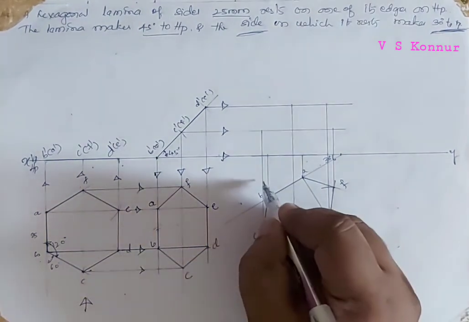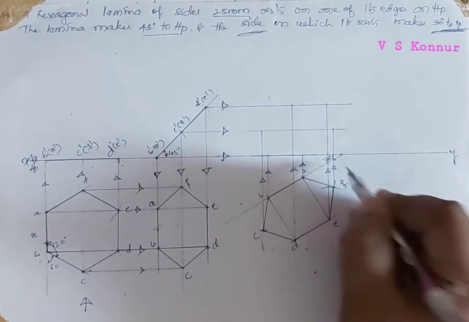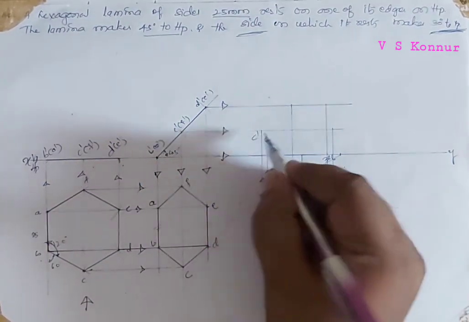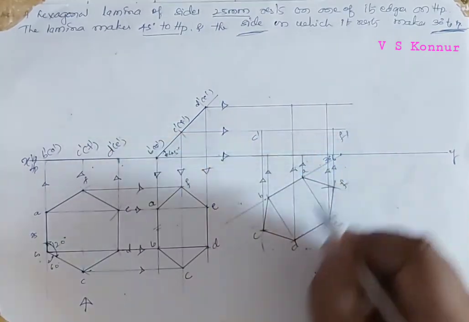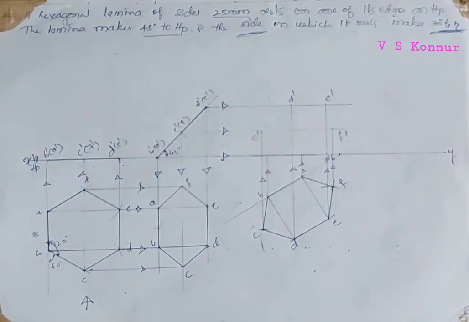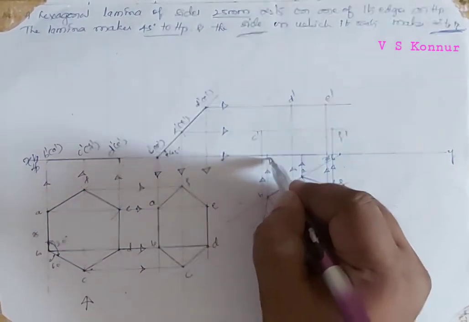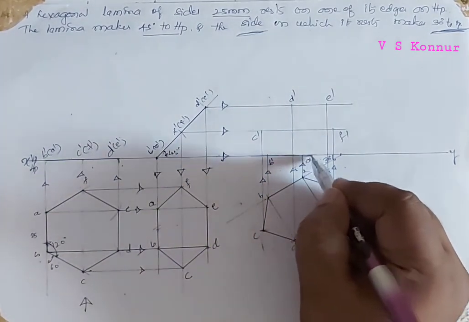So now we got all the points. Give the arrow mark for all the points. So C dash, F dash we got, D point, D dash, E point, E dash, right? D and E are coming from here, C and F are coming from here. So B is here, B dash, A is here, A dash.